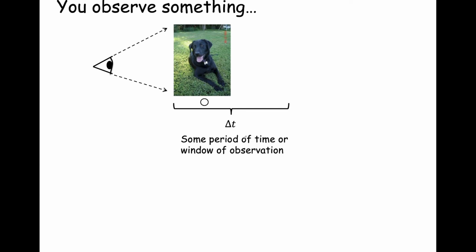And here's something, an event occurs, and this dog looks a lot like my dog, but nonetheless, you observe some event, something happens. And so you have a period of time, or a so-called window of observation, during which this event occurs. So I'm going to abstract the occurrence of this event that you see using one of these little dots, or meatballs, if you want to call it that.